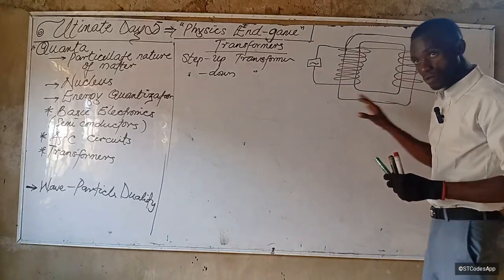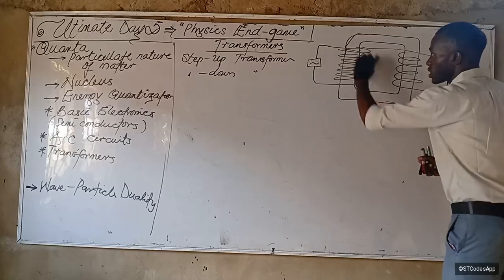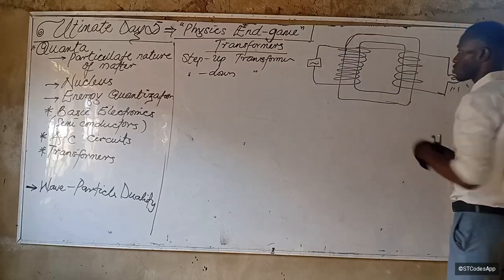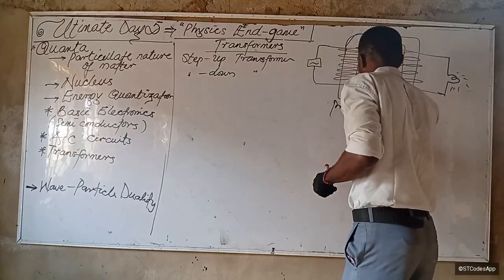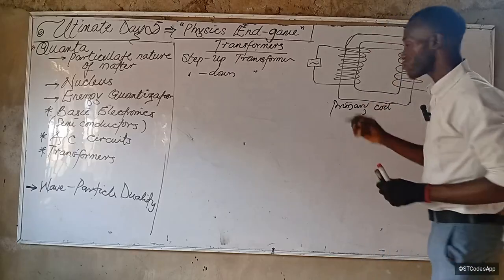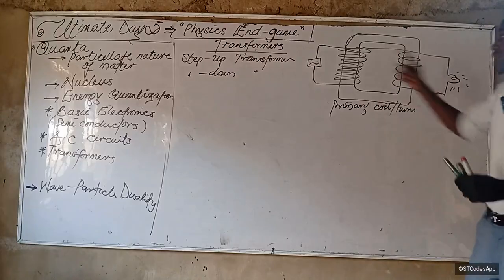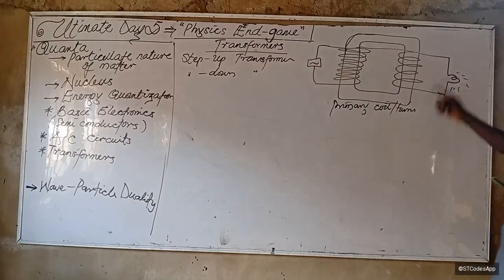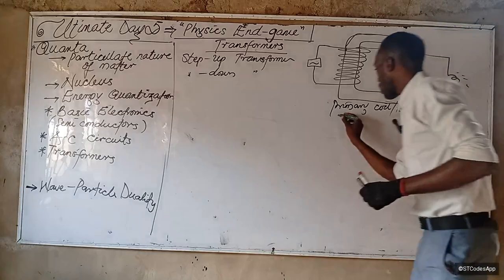So this is a typical transformer. This coil of wire that is connected to the source will be called the primary coil, or primary turns. While the secondary coil is the one that is connected to the load. Secondary coil.